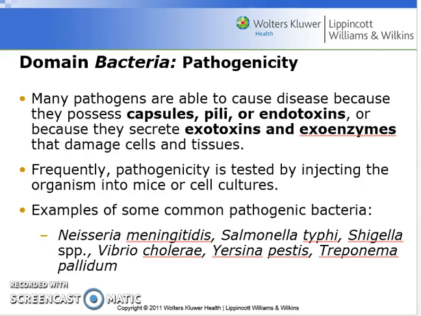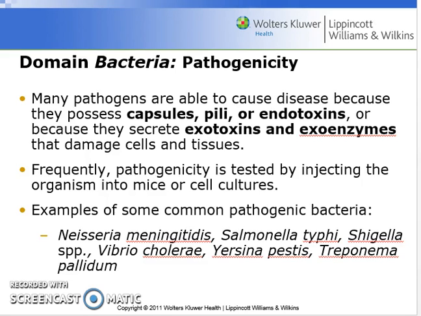The next attribute that helps us to characterize bacteria is their pathogenic nature, which is also known as pathogenicity. Many pathogens are able to elicit disease in a host because they possess specialized structures, like a capsule, pili, endotoxins, exotoxins and exoenzymes.